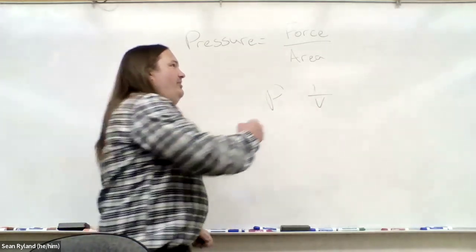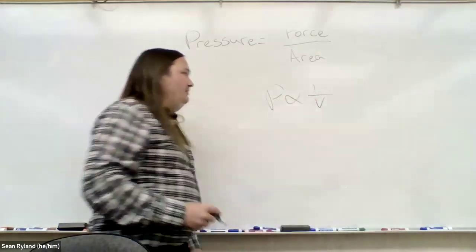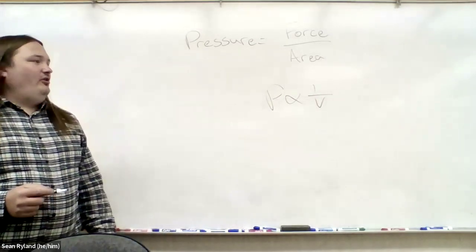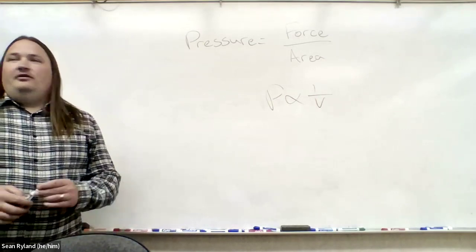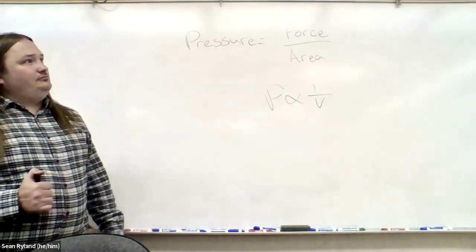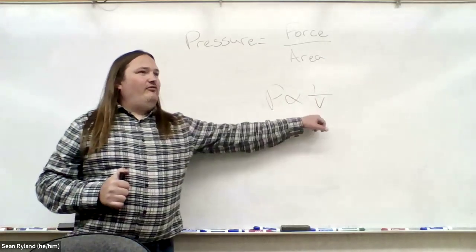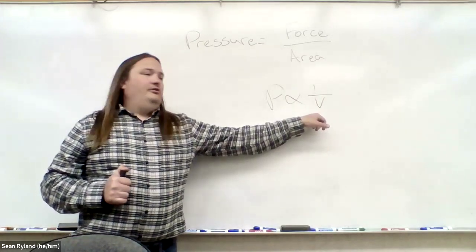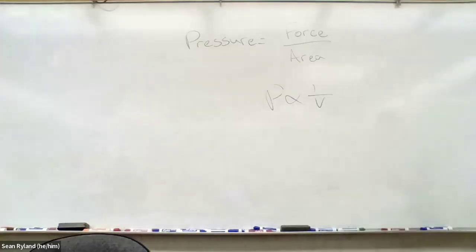So we just use that symbol that kind of looks like a Greek alpha to say pressure is proportional to 1 over volume. It just means that if you plot pressure versus 1 over volume, you get a straight line that goes through the origin. Or another way of saying it is that pressure times volume is equal to a constant.